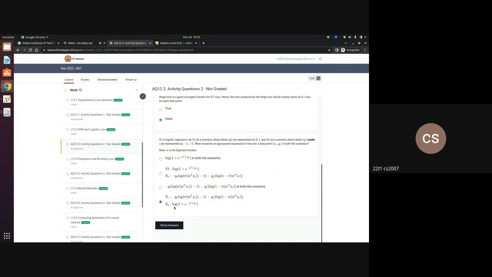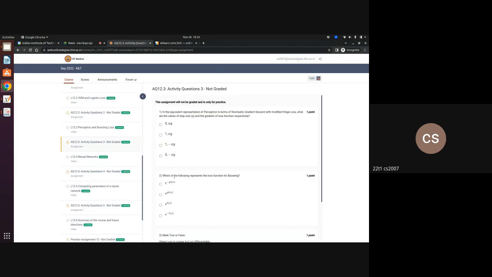And the second one has only one representation, it doesn't matter if the class is +1 or -1: log of 1 plus e to the minus w transpose x.